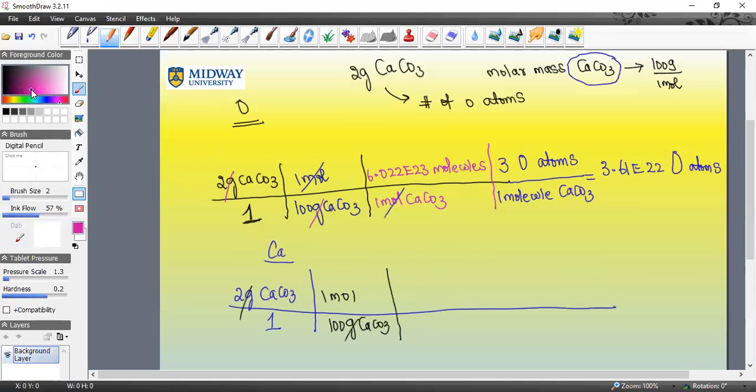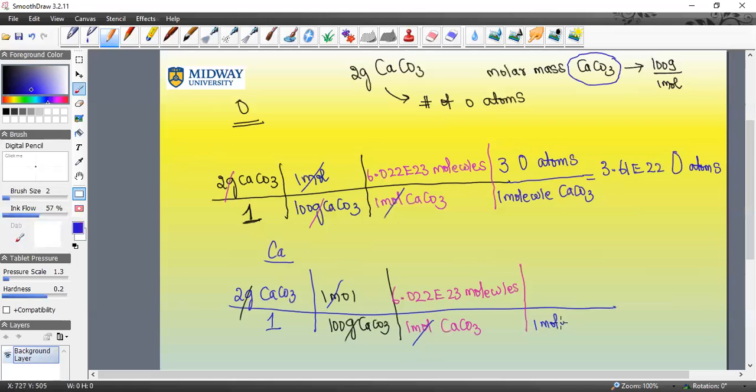Now let's go get a different color. And so a mole of calcium carbonate contains, the only difference you have to make when you deal with an element and a molecule is this: right here is exactly the same, but for an element, we write atoms and the step actually stops right here. We don't go any further, right? But if you're finding atoms in a molecule, you have one more extra step, and you also have to make sure this doesn't read atoms but molecules. All right, so let's go get our last color here. And so now you canceled out the moles. We're left with molecule.